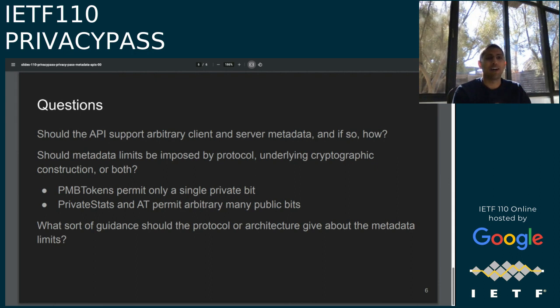It seems like a really hard problem to solve in a generic way. And yeah, those are my notes, and maybe Richard Barnes has some thoughts on this as well.